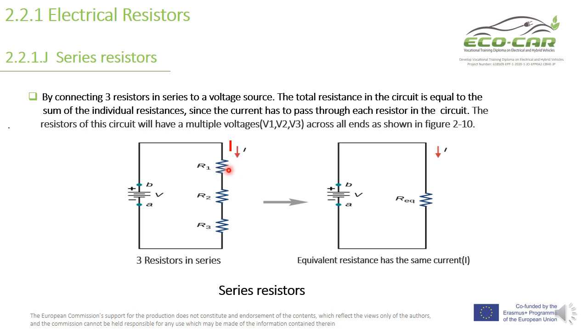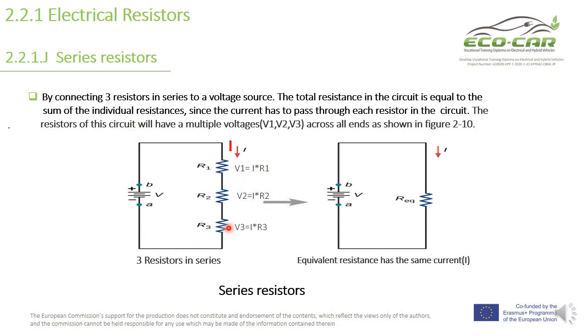So we have here V1, V2, V3, and V1 equals this current multiplied by R1. V2 equals the same current, since it is a series circuit, multiplied by R2. R3 also, I multiplied by R3. This is according to Ohm's law, which will be discussed in the next slides. So the voltage across each resistance is the multiplication of the current by the resistance.